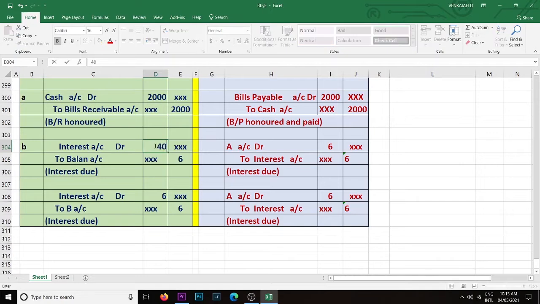Amount is 40. Anandan account is wrong. For him it is income. Okay, so Balan account debit to interest account. Here, interest account debit to Anandan account. Amount is 40.